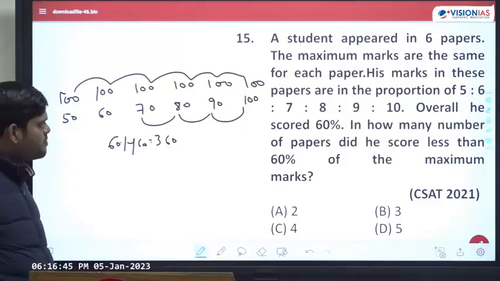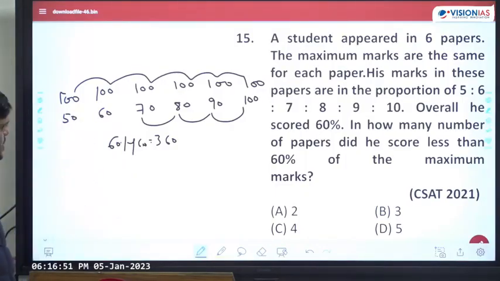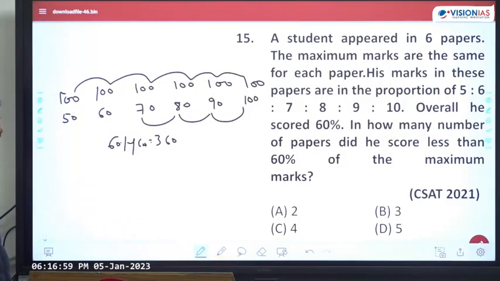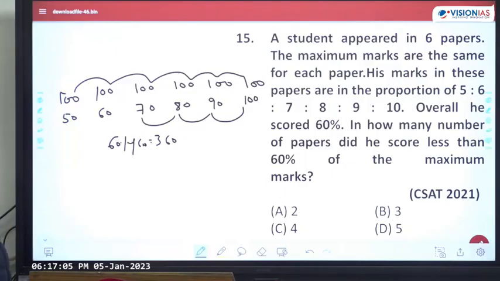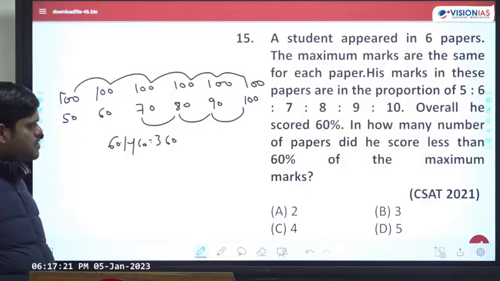Let me check again. The maximum marks are the same, so we can assume 100 each.